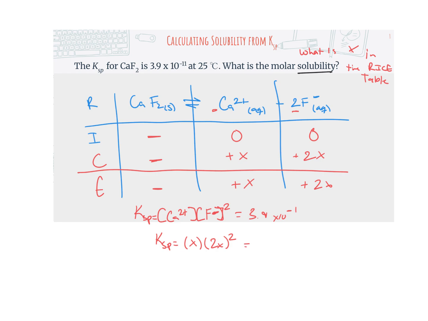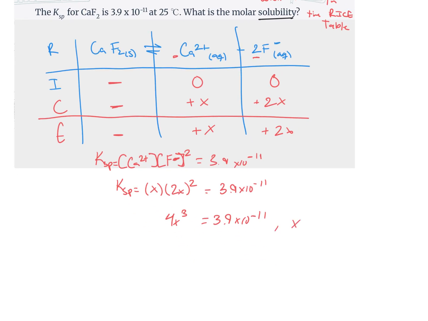All of this is equal to 3.9 times 10 to the minus 11. And so now all we got to do is just multiply these together. 4x cubed, right, because you square the 2 and then multiply the x together. 4x cubed equals 3.9 times 10 to the minus 11. And at this point, you just solve for x. In this case, x will equal 2.1 times 10 to the negative 4th molar.